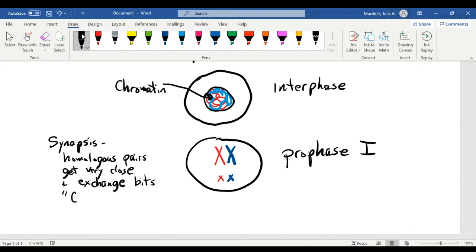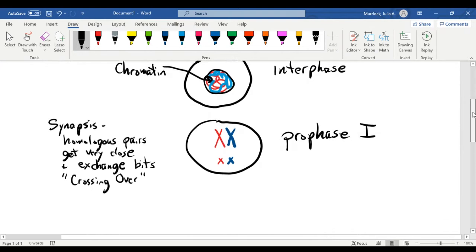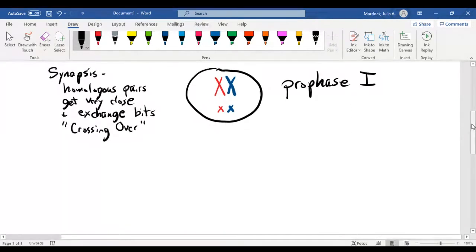This is called crossing over, right? So I'm going to show you what the before or after of this is going to look like. Let's say that that is what's going to happen to these two mom and dad homologous pairs. And if that happens, we're still in prophase I, okay?